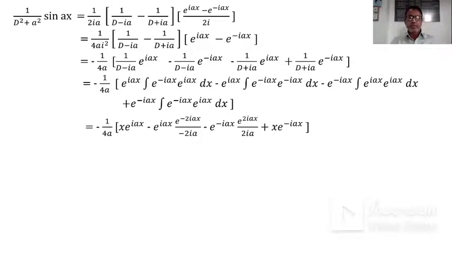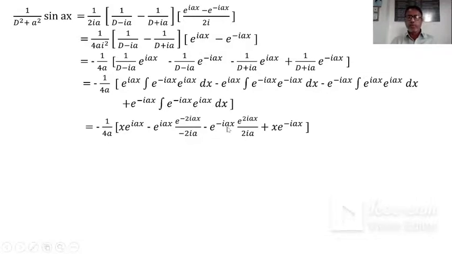Simplify this. This is equal to minus 1 upon 4a into bracket x. If we see this e to the power minus iax, e to the power iax, this becomes e to the power 0. E to the power 0 is 1. Therefore, integration of dx is x, and we obtain this first term, x e to the power iax. Minus e to the power iax, this becomes e to the power minus 2iax, and its integration is e to the power minus 2iax upon minus 2ia.